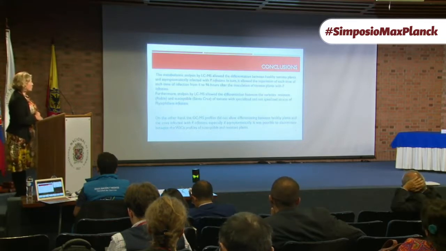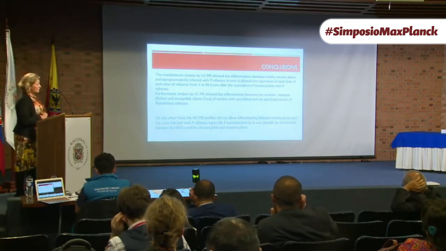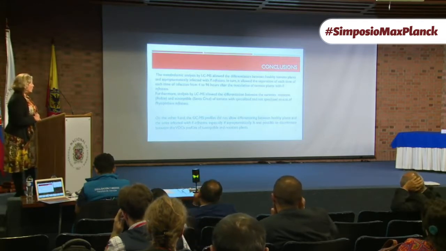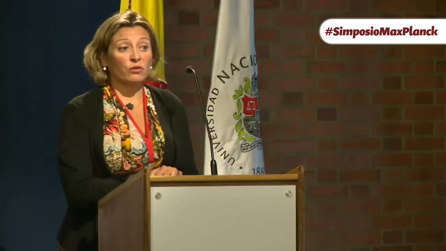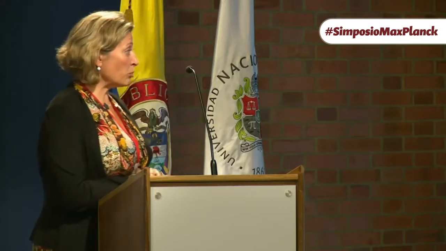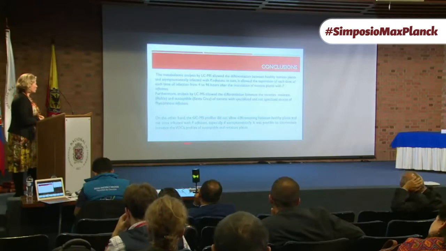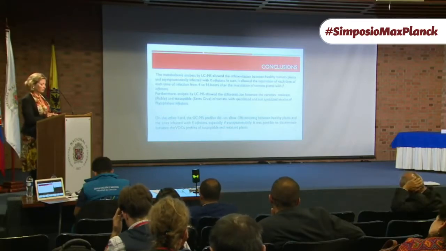And also we were able to differentiate between resistant and susceptible varieties of tomato plants. On the other hand, the GCMS profiles did not allow for the differentiation between healthy and infected plants, but it was possible to discriminate the different VOC profiles of the different plants.